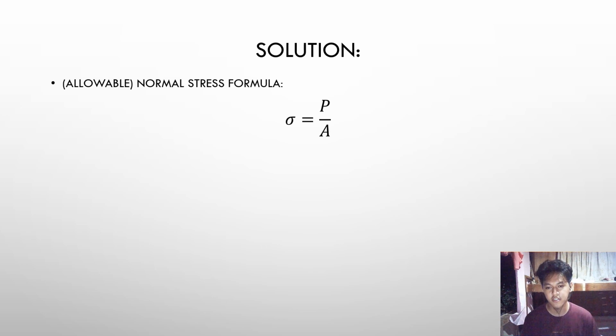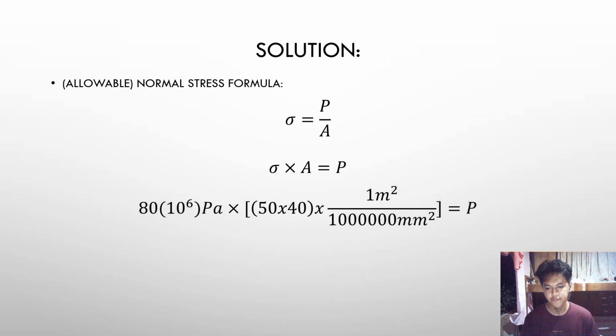The allowable normal stress formula is the normal stress equals the load P over A. We are going to solve for P, so we transpose A to the left side, and we gain this formula: the normal stress times area equals P. By putting in all the givens, 80 megapascal times 50 by 40 times 1 meter squared over 1 million millimeter squared equals P. We gain this answer, which is 160 times 10 to the power of 3 Newton.